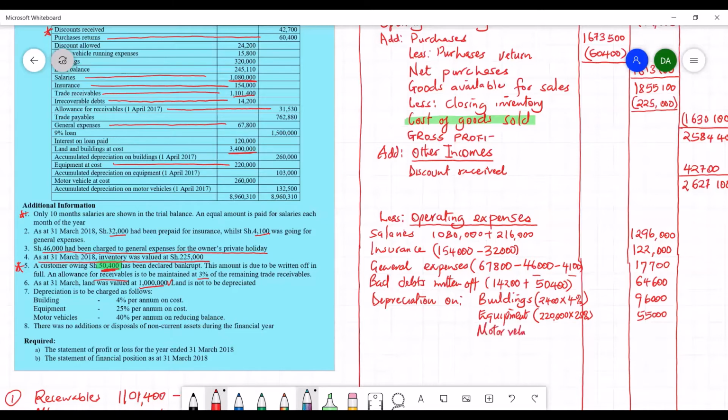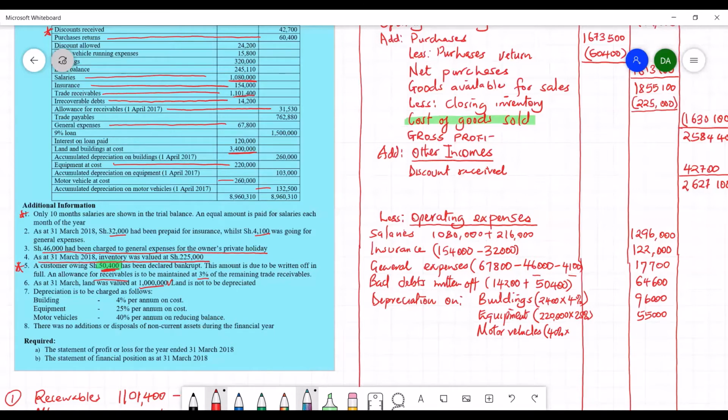So depreciation on motor vehicles is on reducing balance method, the 40% times the net book value of the motor vehicle. The cost of motor vehicles is 260, and the accumulated depreciation is 132,500.